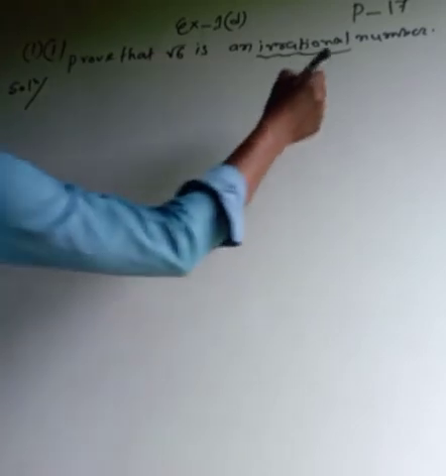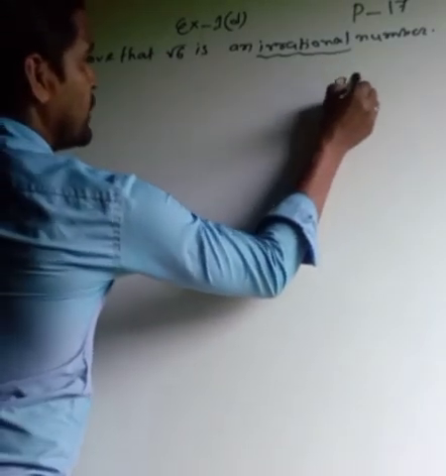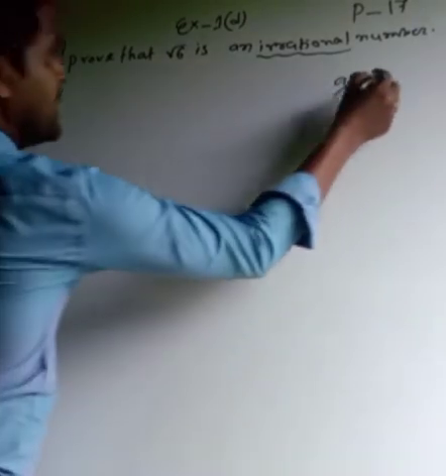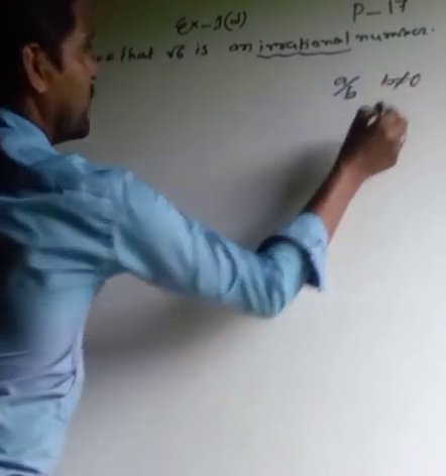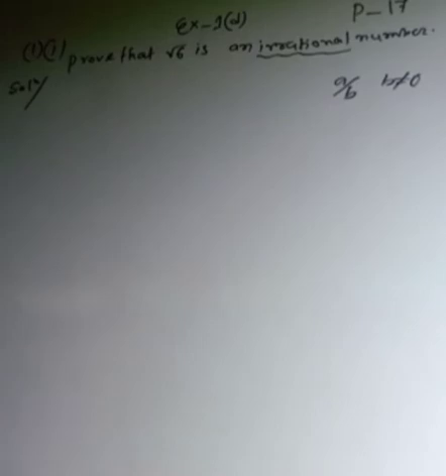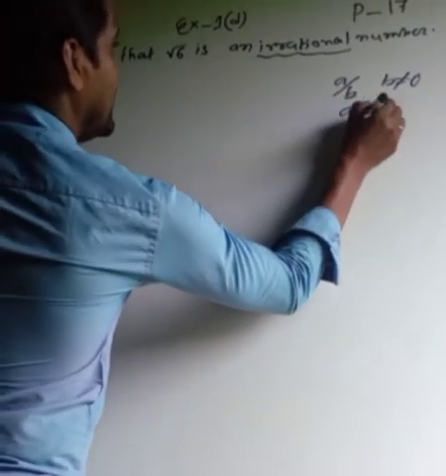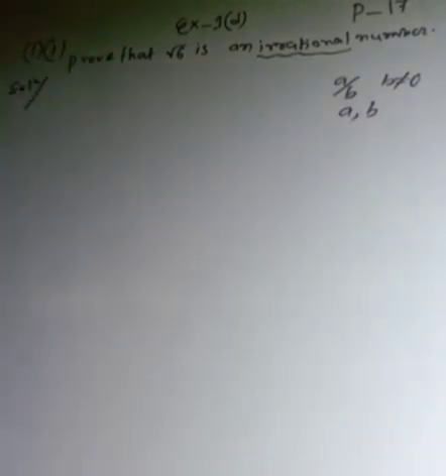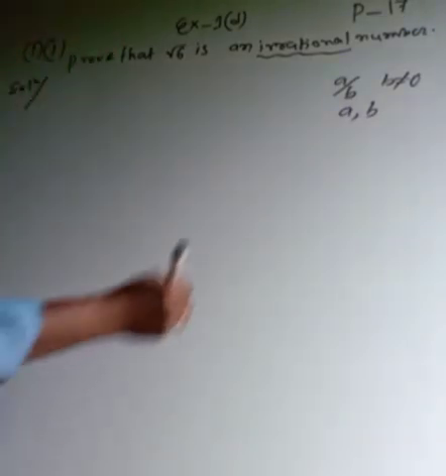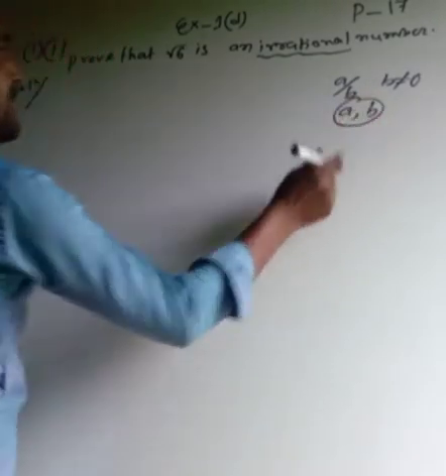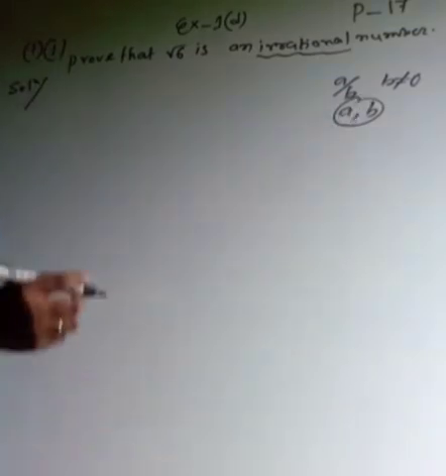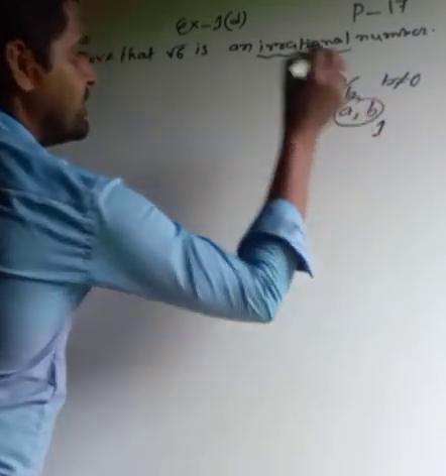What is rational? A rational number means it is of the form a by b, where b is not equal to 0. B cannot be 0, and a and b are co-prime. Co-prime means we can divide a and b by only one itself.